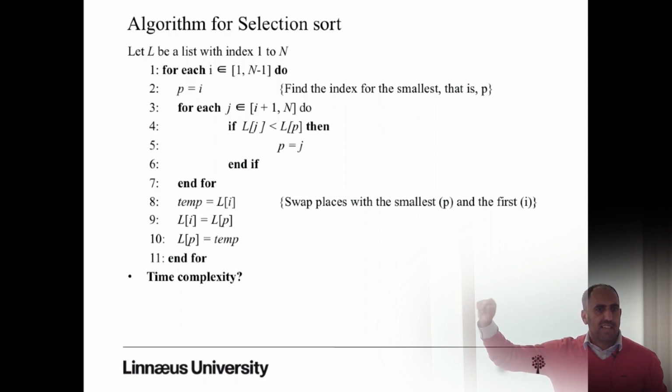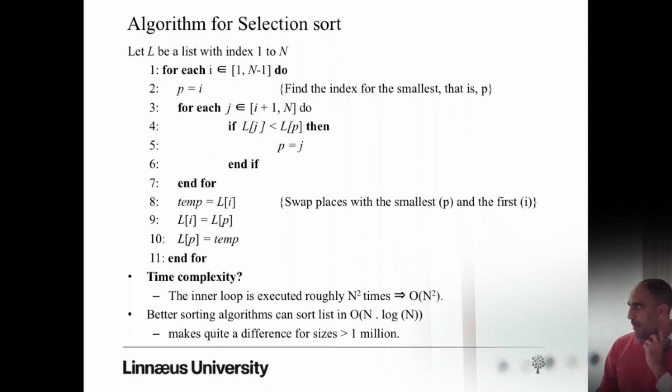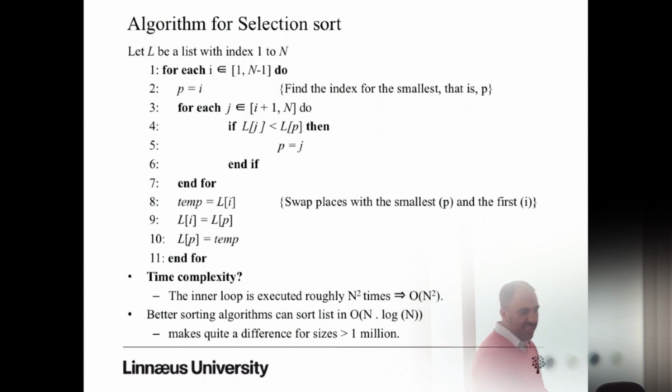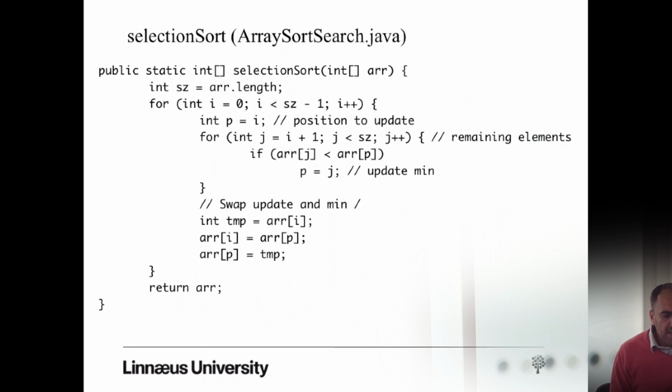Here n is the size of your array, so we can say the time complexity is n square because the inner loop is executed roughly n square times. So if you implement selection sort, it will take n square time to sort your list or data.